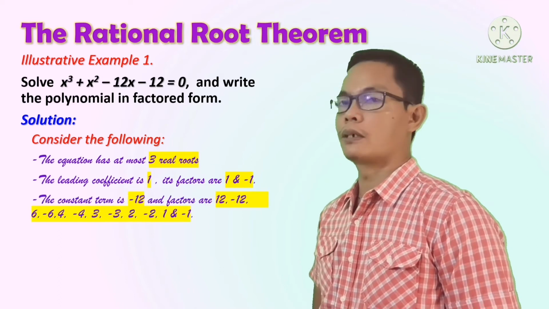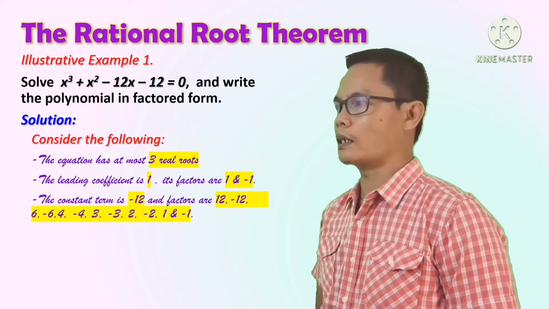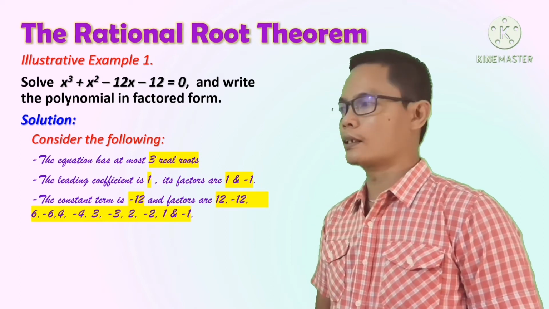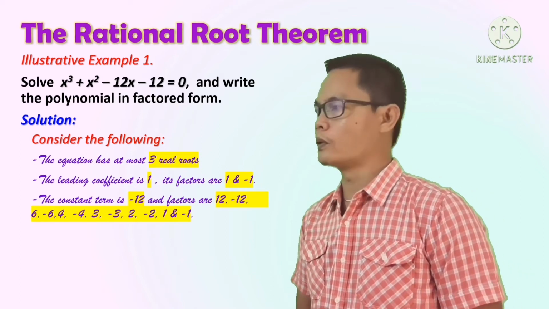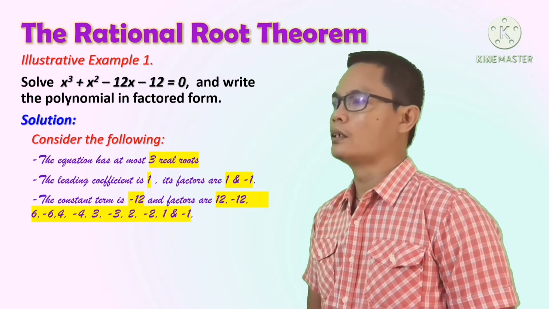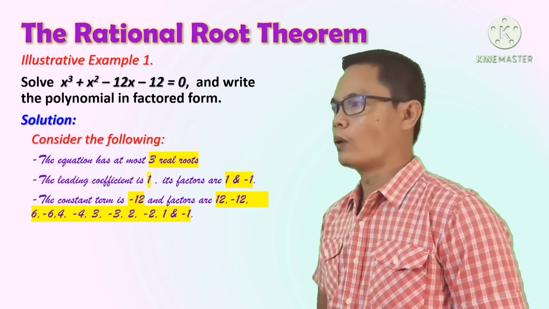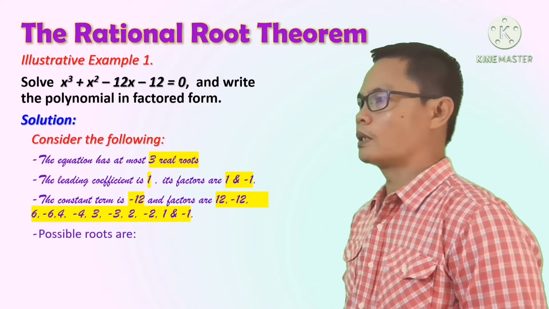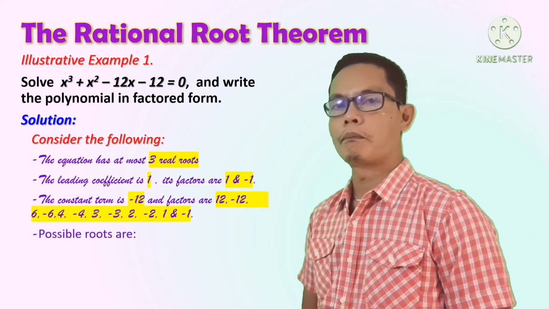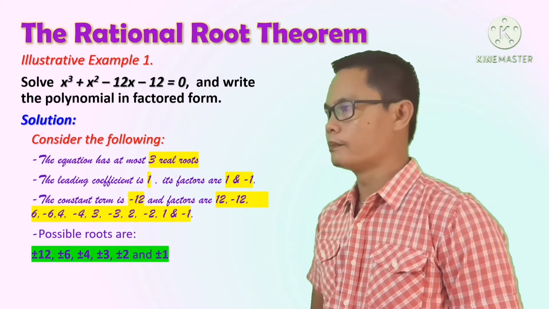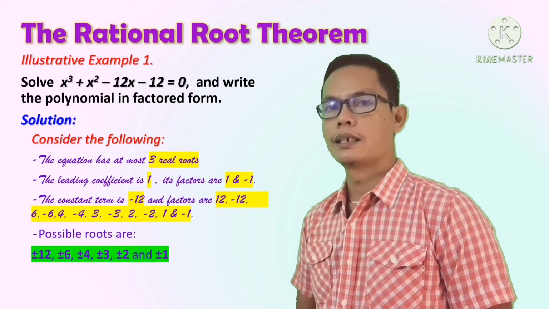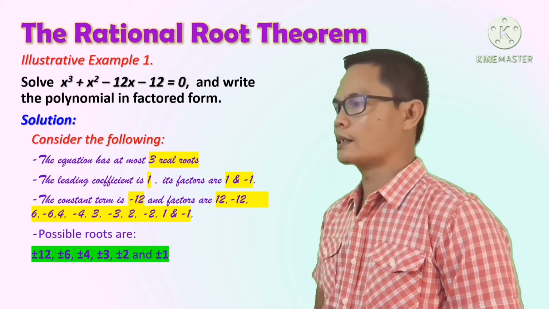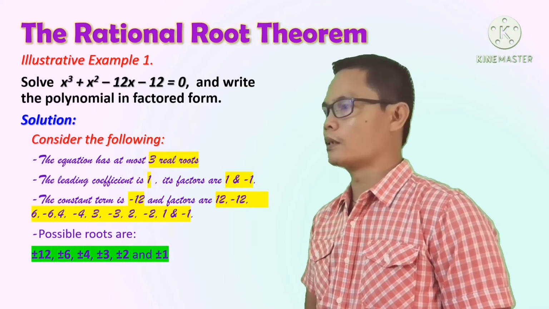The constant term is negative 12, and its factors are 12, negative 12, 6, negative 6, 4, negative 4, 3, negative 3, 2, negative 2, 1, and negative 1. So, the possible roots of the equation are plus and minus 12, plus and minus 6, plus and minus 4, plus and minus 3, plus and minus 2, and plus and minus 1.